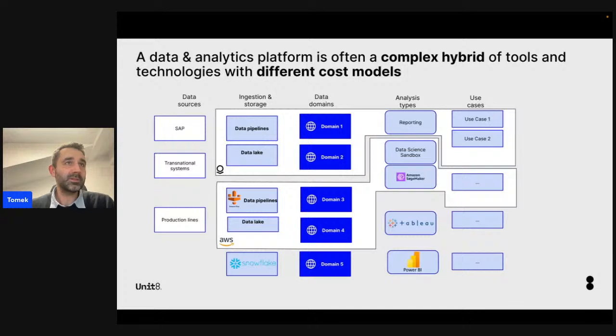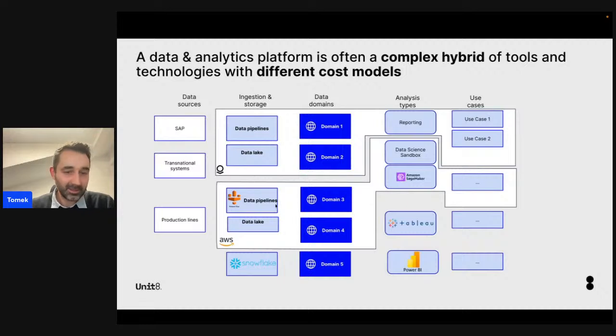Often in big enterprises, data platforms evolved into those complex architectures with maybe, like in this example, a dual technology data platform with one leg being a Palantir Foundry estate with some pipelines, some data lakes, reporting and use cases running there.